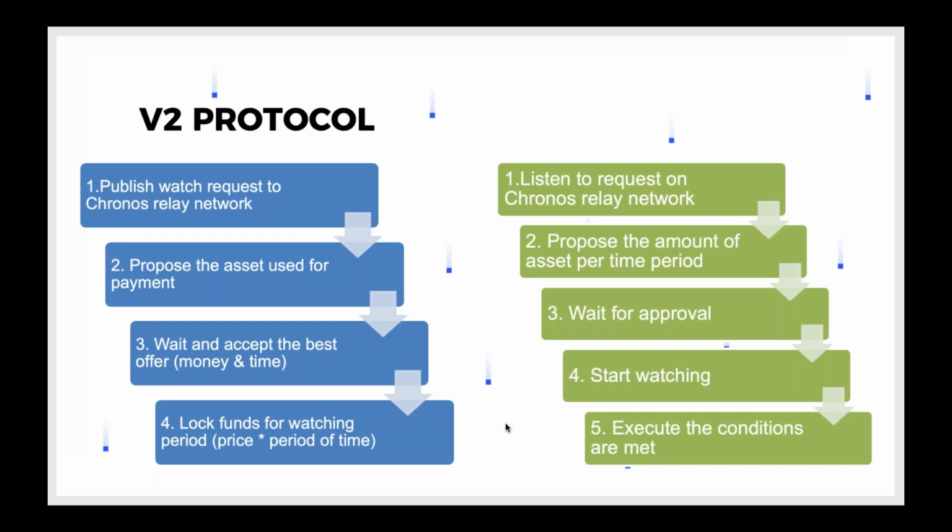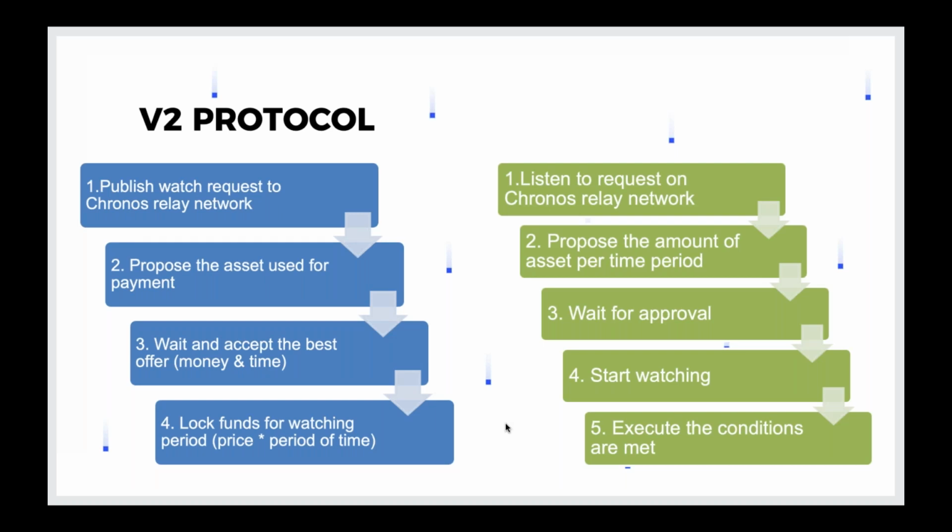So we're publishing the request to the network, and on the other hand you have a bunch of Khronos relayers using this relay network, looking and listening to those requests. When you publish, you also propose the asset that you want to offer as payment. This is much more general than proposing Ether.